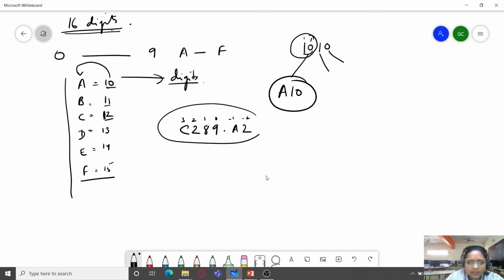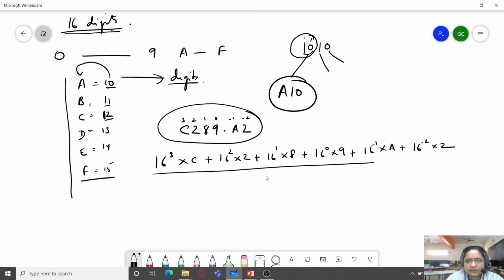Now the conversion of hexadecimal numbers to decimal is the same. We only need to raise these weights to the power of 16, so 16 to the power of 3 multiplied by C plus 16 squared multiplied by 2, plus and so on.